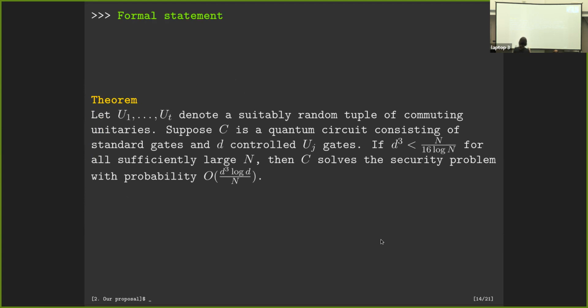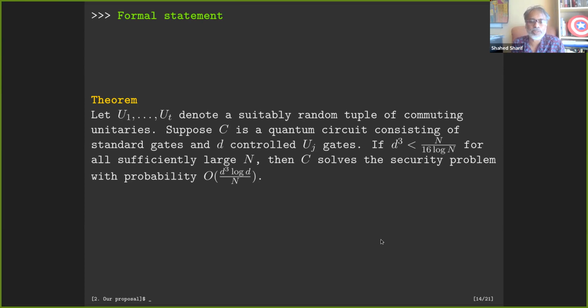Why can't you apply this result on your instantiation? Why can't we apply this result? Essentially because we don't know that they're random.